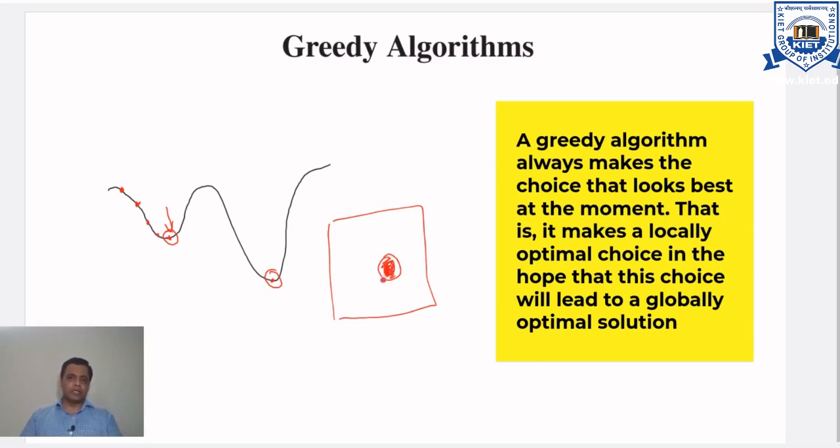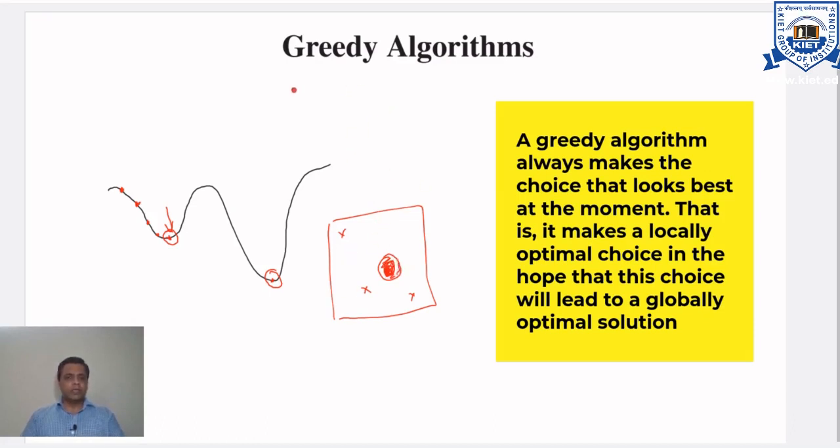Only in the cases where a greedy algorithm can guarantee the solution should you use it. Where it cannot give you the guarantee of reaching the solution, you should not use that algorithm. A greedy algorithm might give you a solution somewhere close to your actual solution, but in some cases not the actual solution.